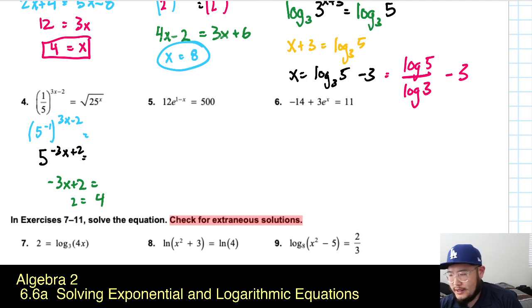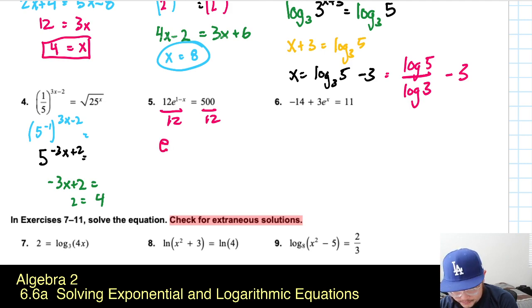So right here on number 5, I'm going to start off, divide both sides by 12, because 12 times e to the 1 minus x. I'm now left with e to the 1 minus x power is equal to 500 over 12.